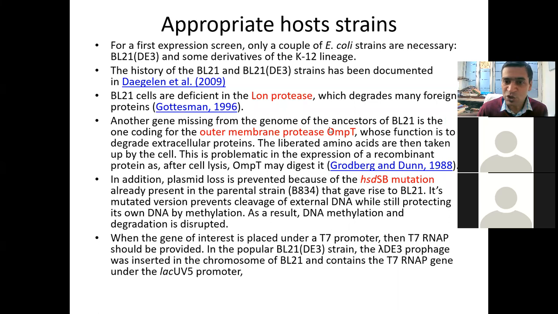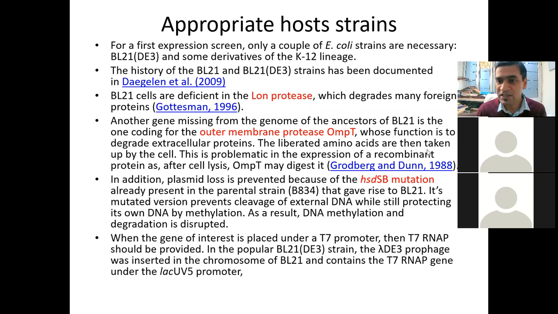Another gene missing from the genome of the ancestor of BL21, the ancestor from which BL21 has been made, is the one coding for the outer membrane protease OmpT. Again, this is another protease, OmpT, outer membrane protease. This protein is also mutated, or missing, and its function is to degrade extracellular proteins.